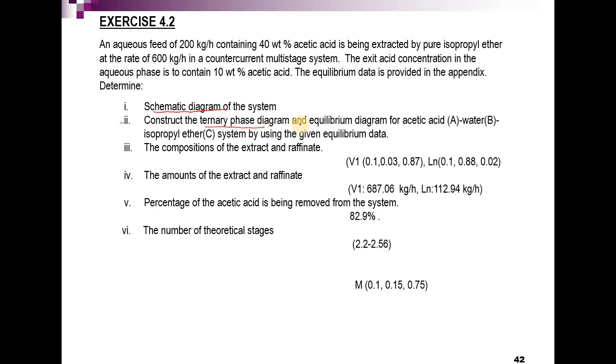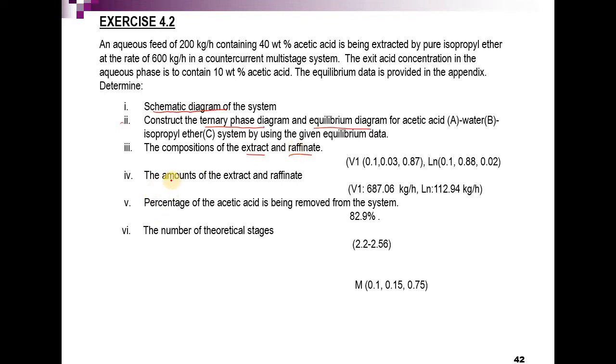In the question the equilibrium data will be provided. Number 3, the composition of the extract and raffinate. This is the same as single stage. You also need to find the composition of extract and raffinate, using the graphical solution, the same as single stage.